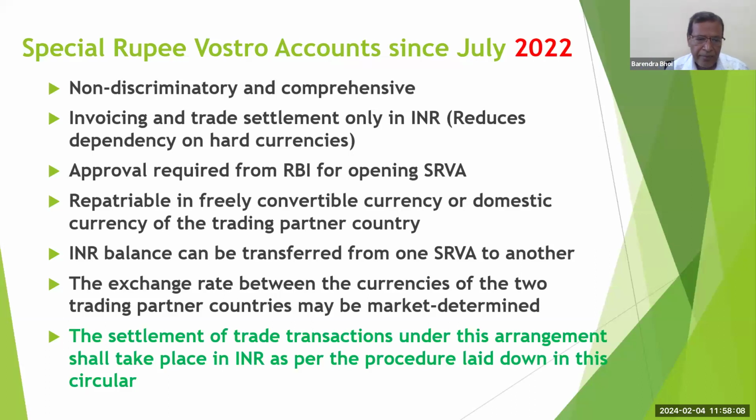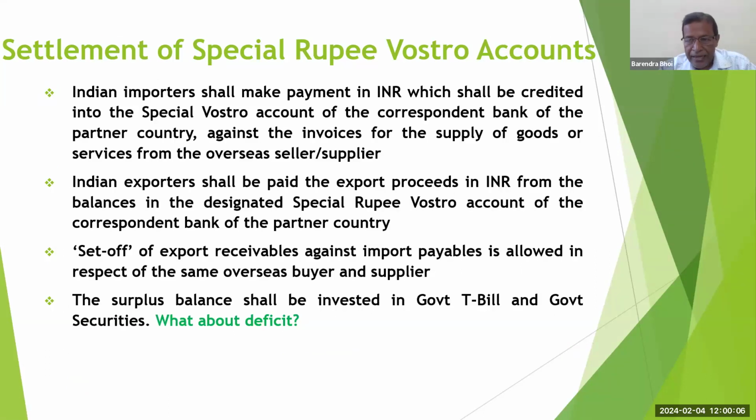Then INR balance can be transferred from one special rupee Vostro account to another. If a special rupee Vostro account has a surplus, it means we are importing more. If we are importing, we are crediting rupee. Then there will be some surplus that can be used for making payment to the exporter from India.